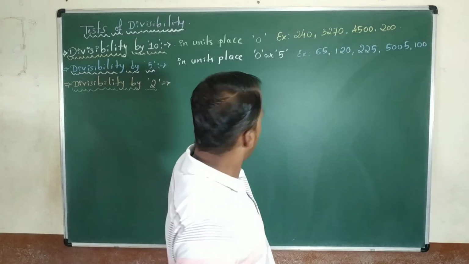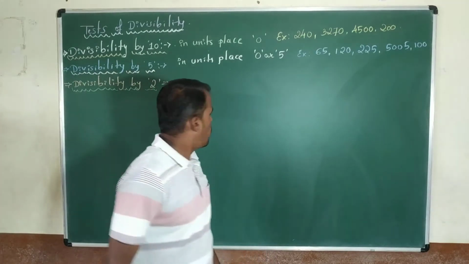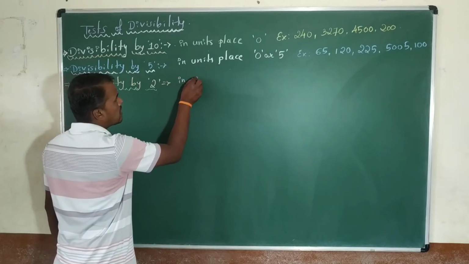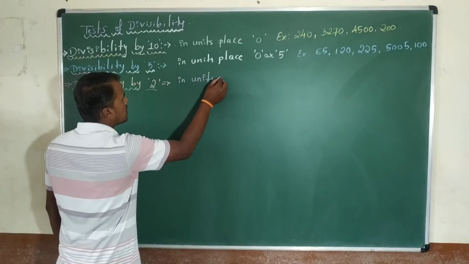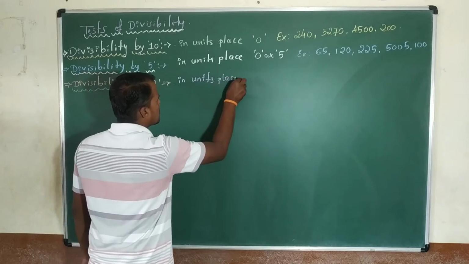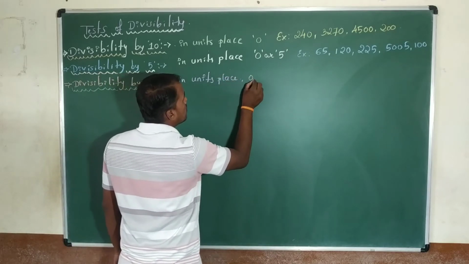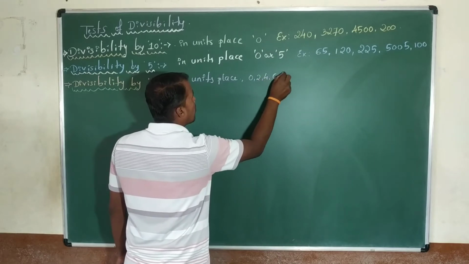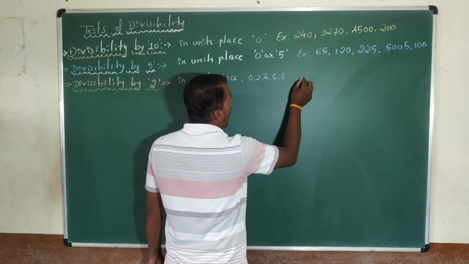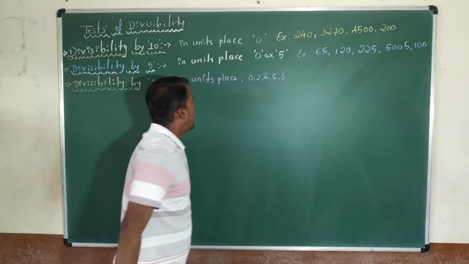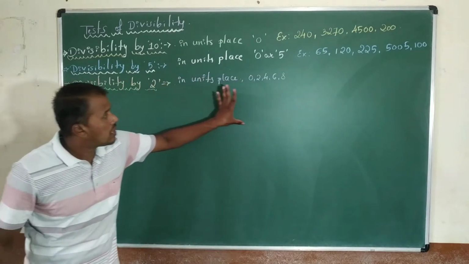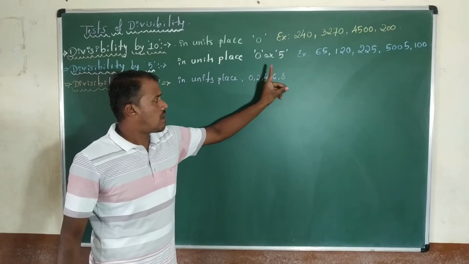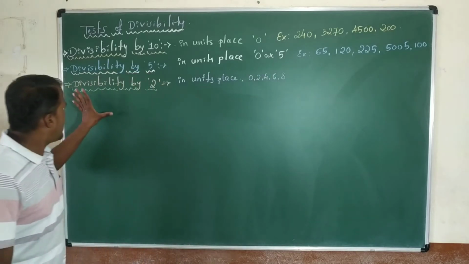We have to write two types of definitions. One definition: if the number has 0, 2, 4, 6, or 8 in its units place, then the number is divisible by 2.